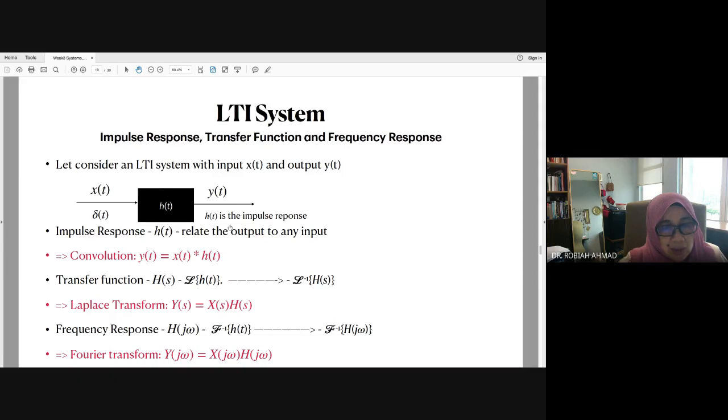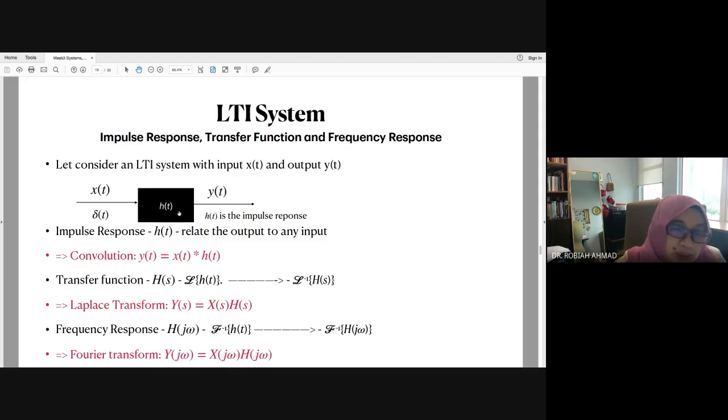And then once we're familiar with this impulse response, we will move into finding the transfer function. Because once we see the relationship here, the next step will be understanding the behavior of the system, or we call it the transfer function. If you look here, the transfer function is actually describing the system. So whatever input we put in, we will get an output.